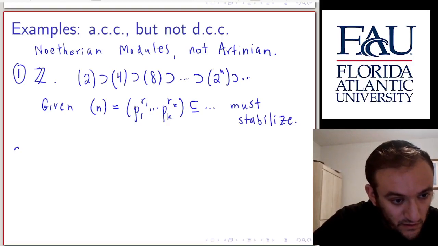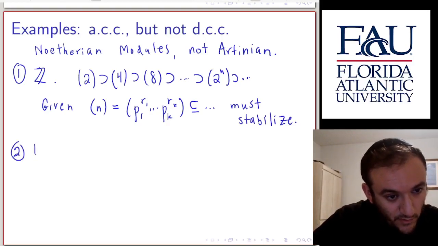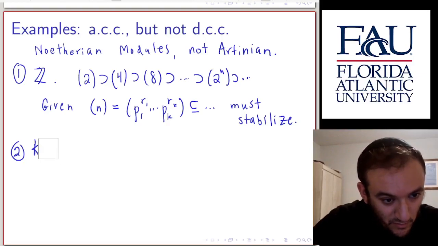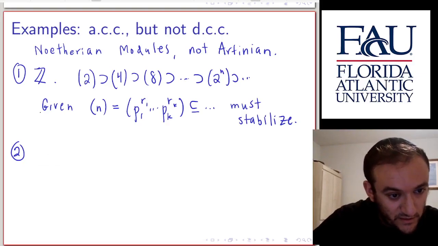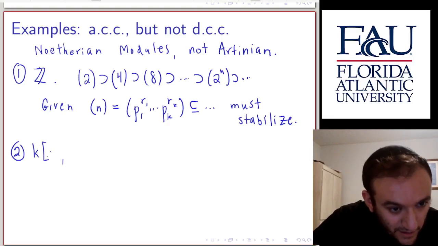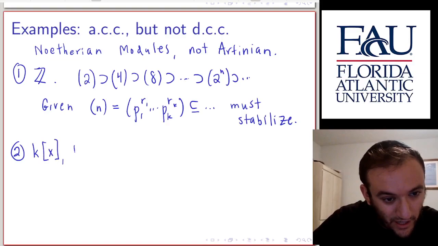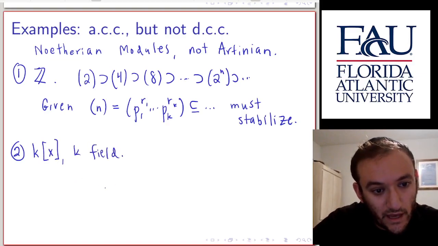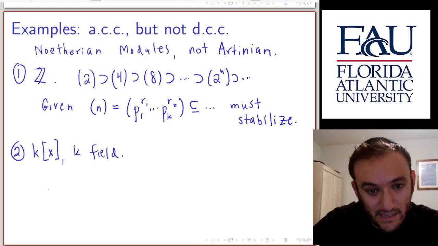By the same token, whenever we have Z, we always seem to have the polynomial ring in one variable over a field, so K adjoin X for K a field. Similarly, we can find a descending chain.